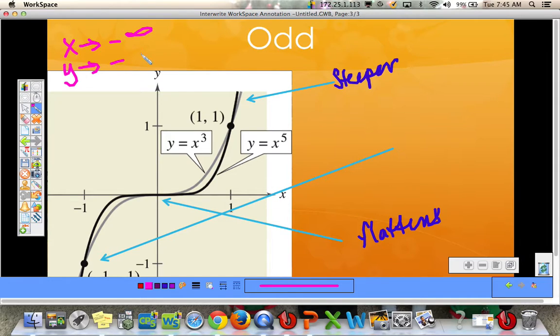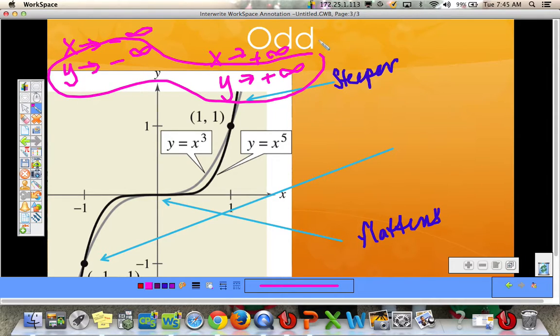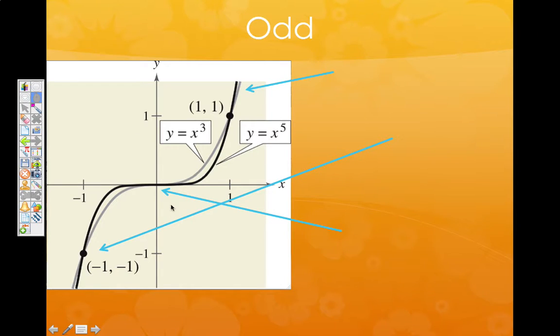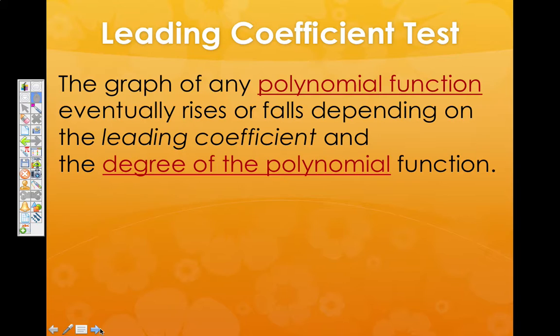So we say y approaches negative infinity. And as x approaches positive infinity, as you go to the right, y approaches positive infinity. So for an odd function, the end behavior is the opposite. It starts down at the bottom, and then it goes up. There's the end behavior for odd functions. And again, we'll talk about that more in the presentation.